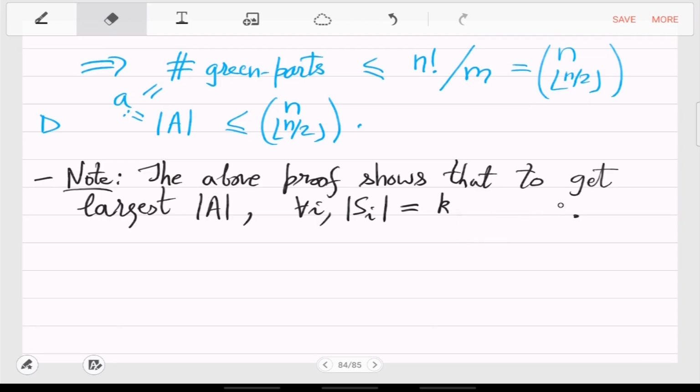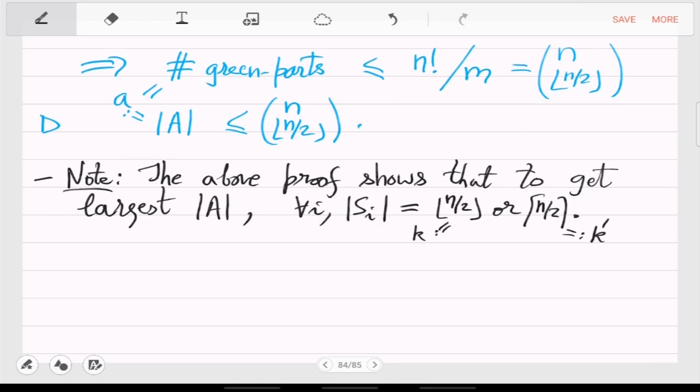I want to say something stronger. So n by 2, or so this is, let's say, k, and this is k prime. Let me use this.